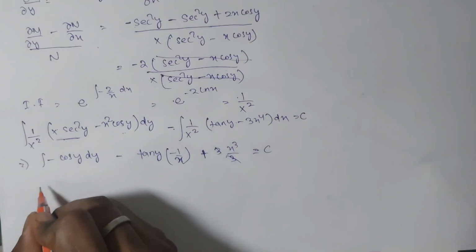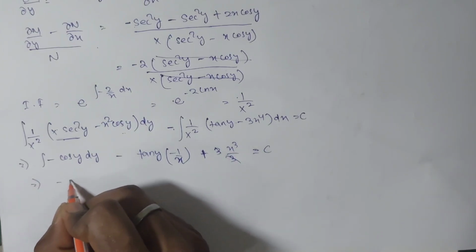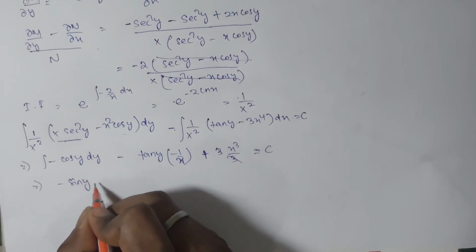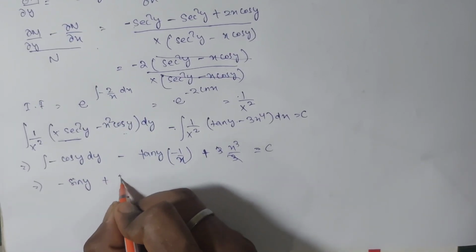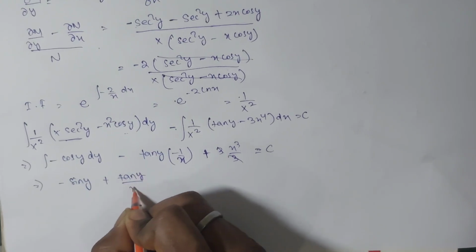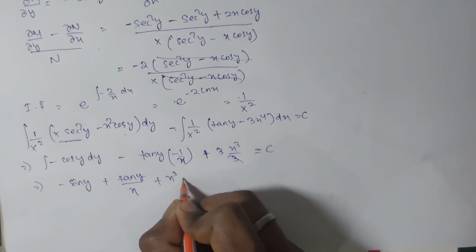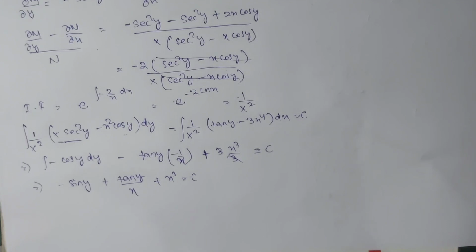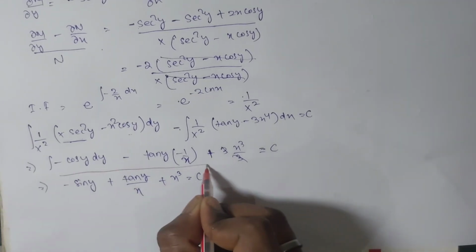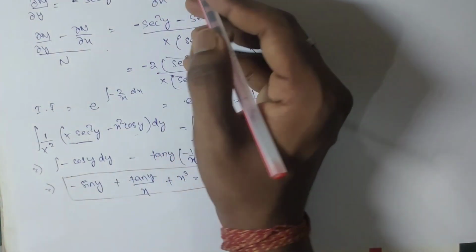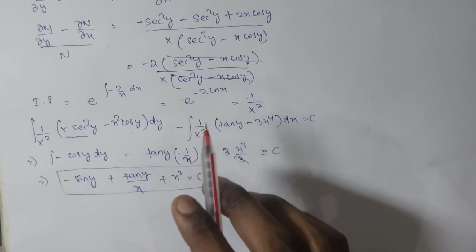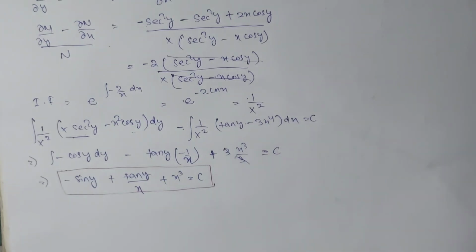So it becomes sin y minus sin y, plus 10y by x plus x cube equals c, which is the solution of the differential equation which is not in exact form.